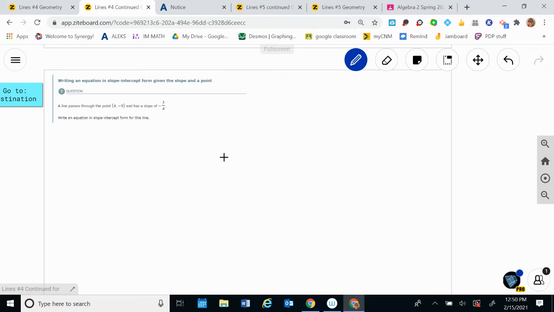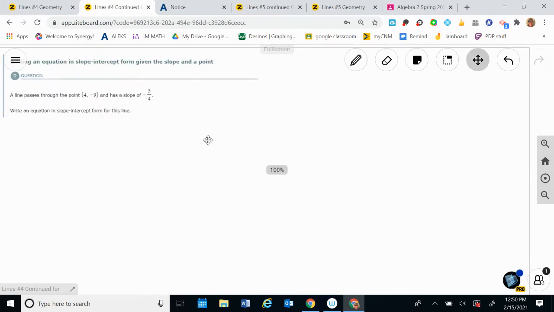Okay, here, this is the one. Take a look. This one is going to give you a slope and a point. This is the part that's the second hardest. And you have to come up with the equation y equals mx plus b, okay, with the information that they've given you.